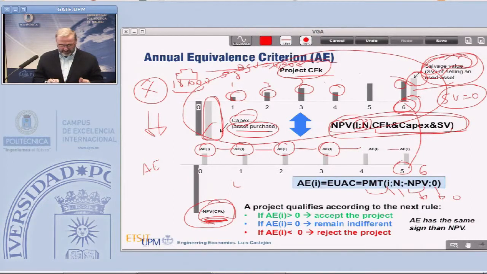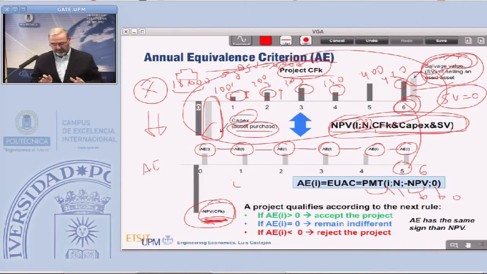So we are representing different cash flow numbers. For example, imagine this cash flow is 100, this one is 200, this cash flow is 300, and then this cash flow is 150, this one is 400, and this one is 420. And then we are representing the same cash flows just by one equal amount, an annual equal amount.